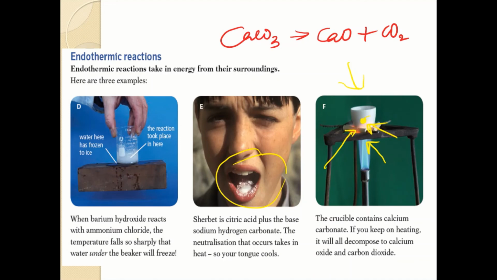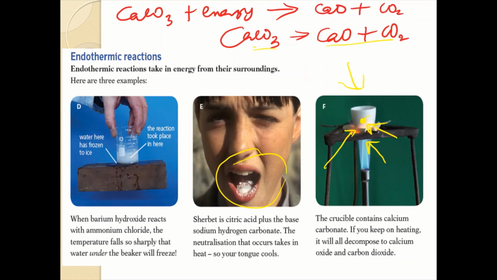So because heat energy is being absorbed, you would expect that the chemical energy of the product will be more than that of what? That of the reactant. So if I rewrite this, it will be calcium carbonate plus energy, to now give calcium oxide plus what?